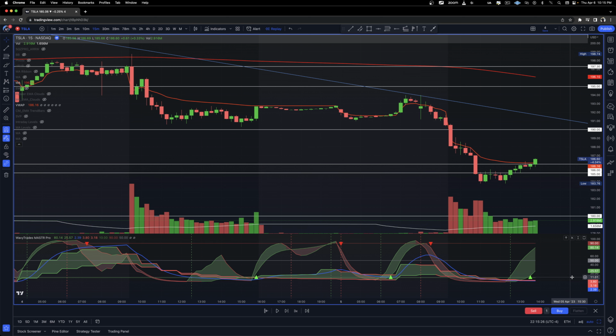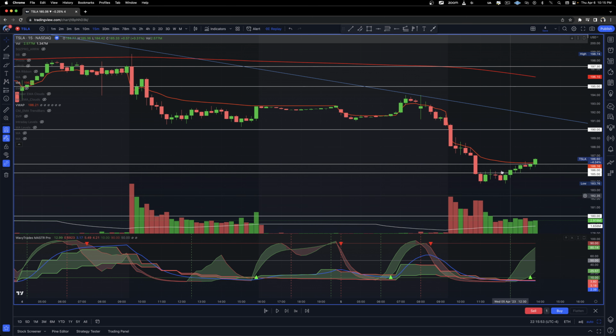Once something's below 10, or in the opposite, above 90, you have maximum weakness below 10, and maximum strength above 90. So when this was stair stepping down and hit below 10, that's extreme bearishness on the 15-minute.